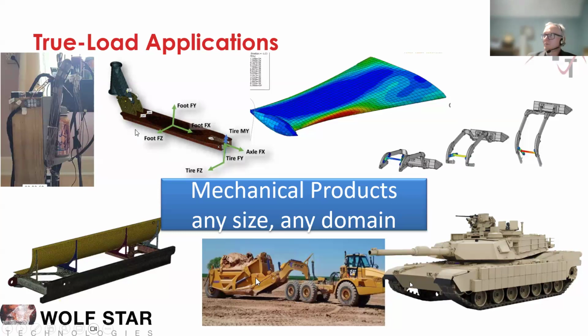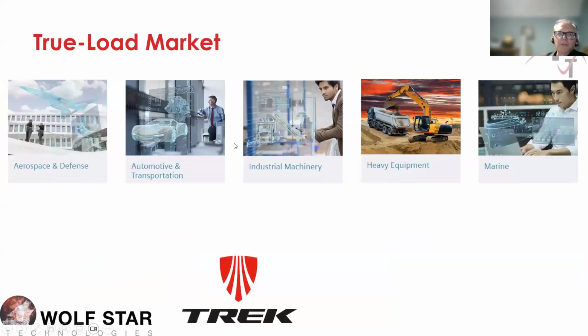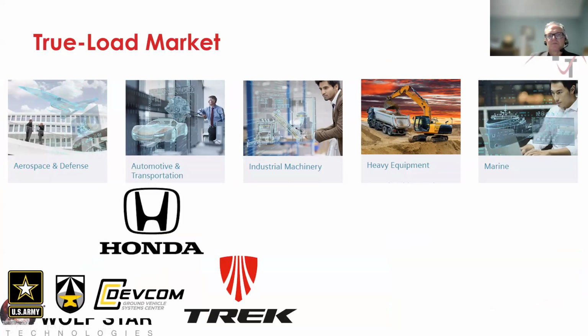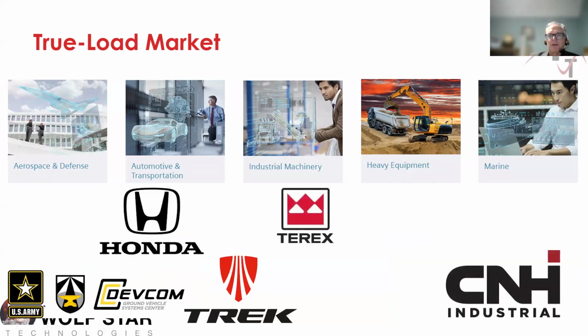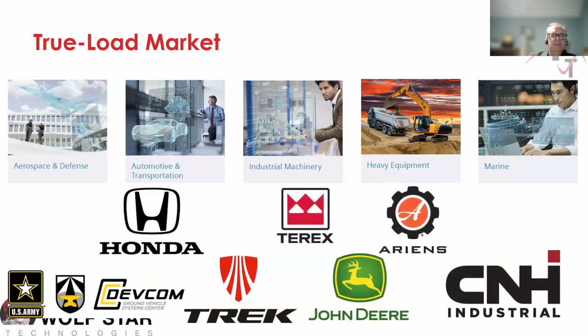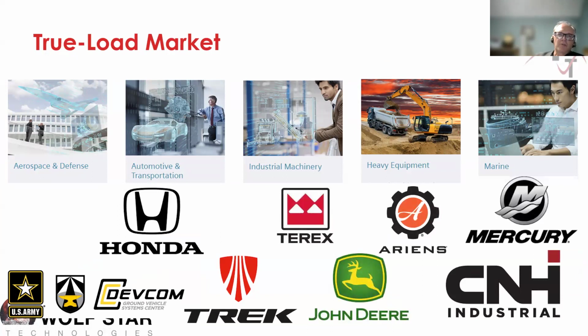These are all projects we've done. Okay. And the market for TrueLoad is pretty much the broad breadth of mechanical product, from aerospace and defense, automotive and transportation, industrial machinery, heavy equipment, marine. And you can see these are our customers on the screen here who are using our product.